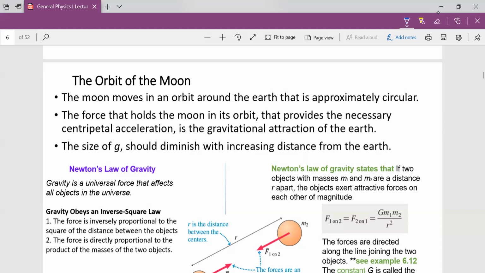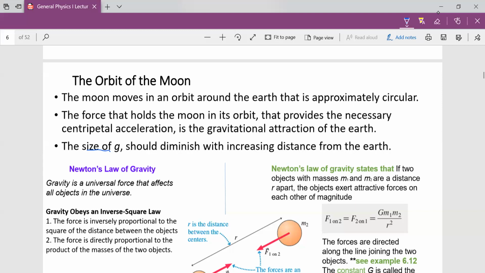And we also know the size of g, that is the magnitude of that pull. Remember, we established that the magnitude 9.8 is the magnitude of g for the Earth. When you go to other planets, it varies.